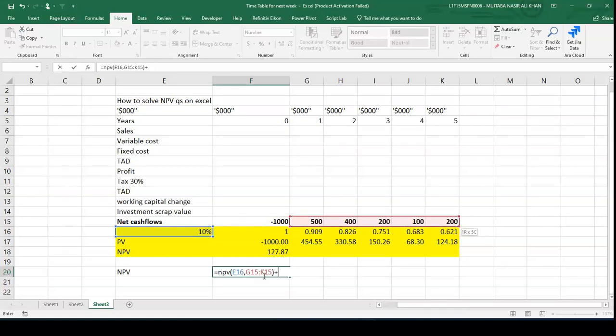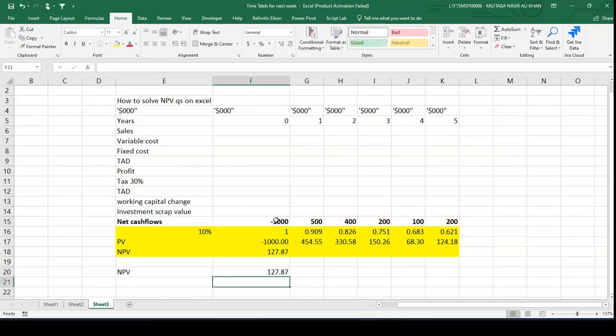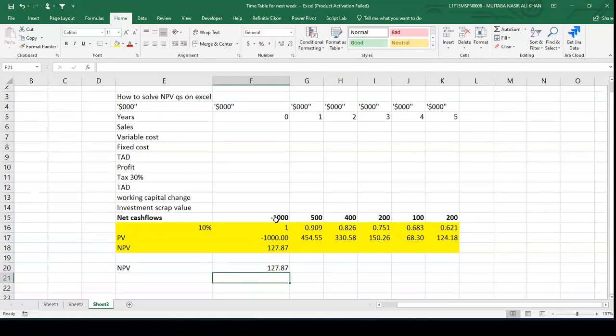Why plus? Initial investment will always be deducted. Initial investment is a negative number. That's why I'm adding it. Otherwise, it must be deducted. Answer is 127.87. That is the answer. That's how you will calculate NPV on the Excel.